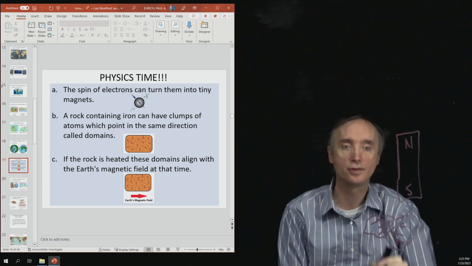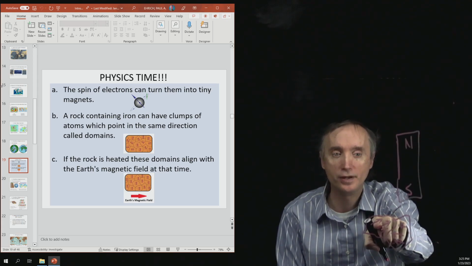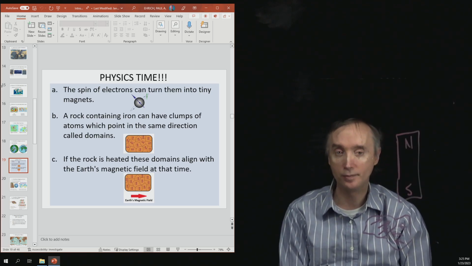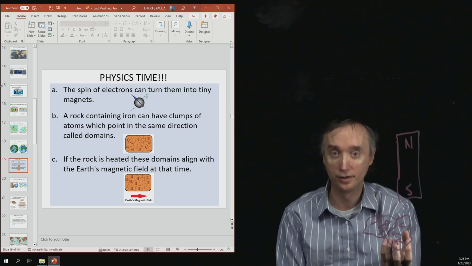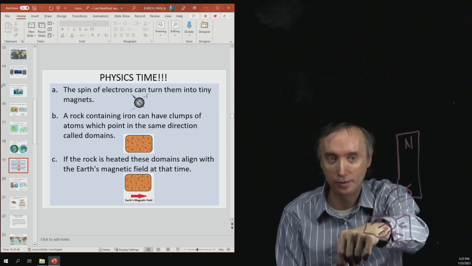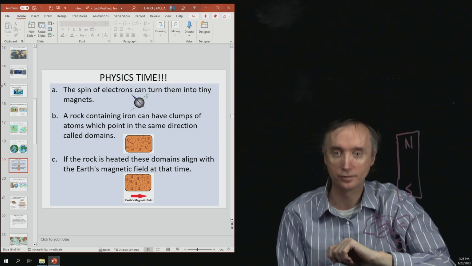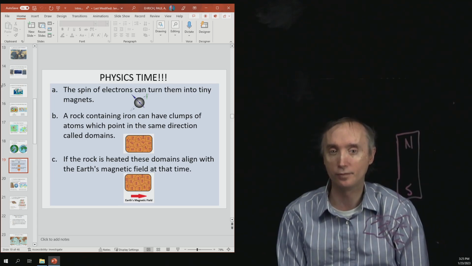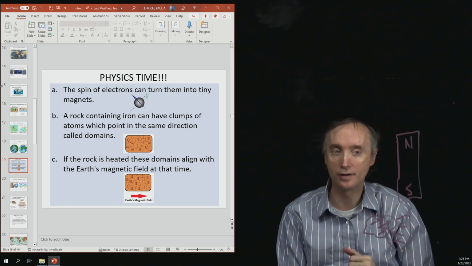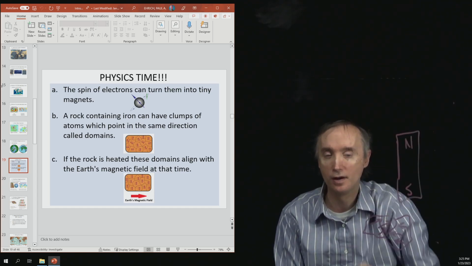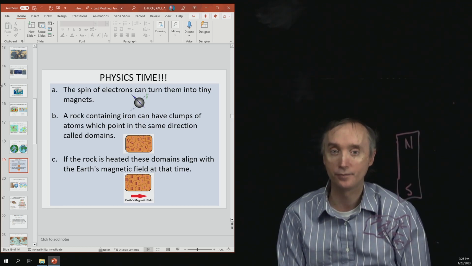Well, can you see that the magnetism in here could be canceled by the magnetism over here? So most of the time, if you've got a chunk of iron, it's not a magnet. If you take a paper clip and you try to pick up another paper clip with it, it's not going to work. So the iron has the capability of being turned into a magnet, but normally it's not, because these domains, these groups of little magnets, are not aligned correctly.